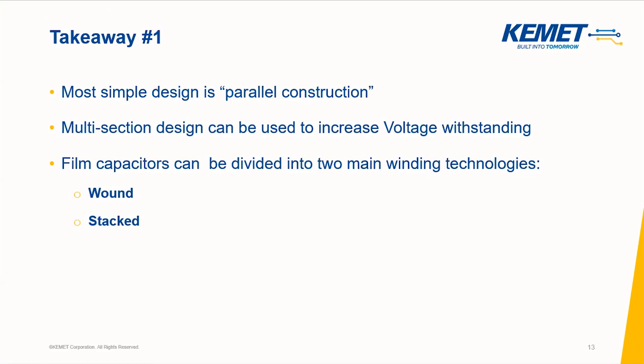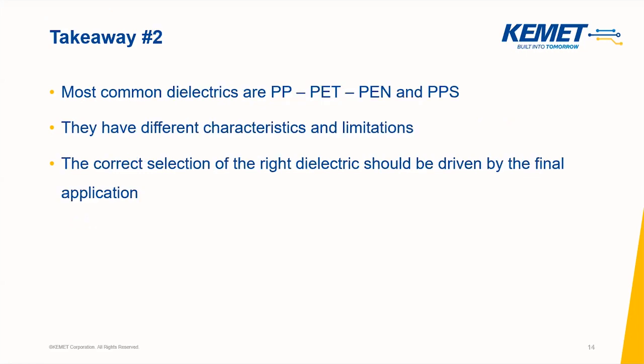The main technologies are the wound capacitor and the stacked capacitor. We have seen an overview of the different dielectrics. Each one has different characteristics in terms of temperature and self-healing. So we should really check carefully the selection of the proper dielectric according to the type of application that I need.